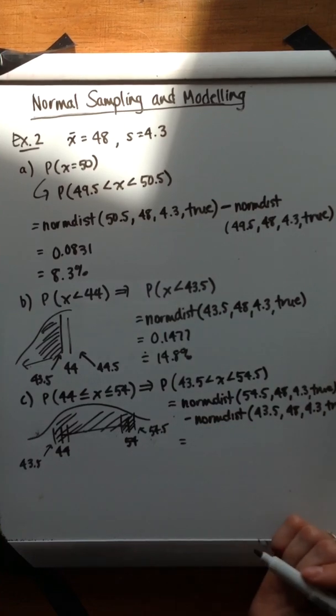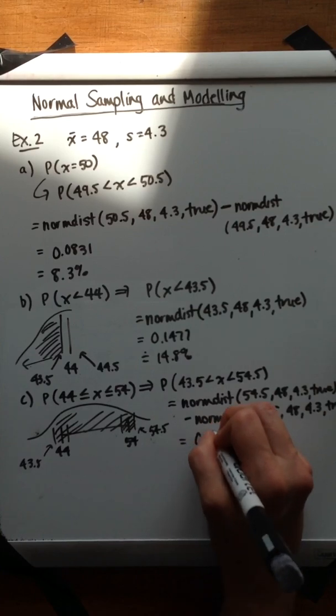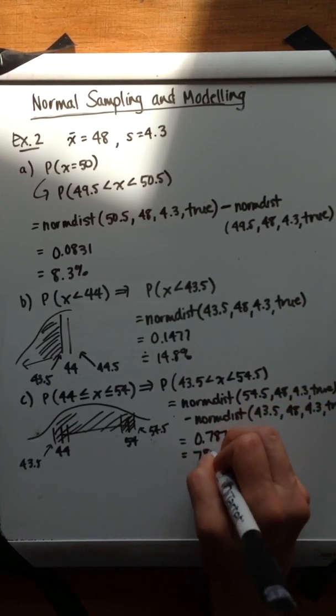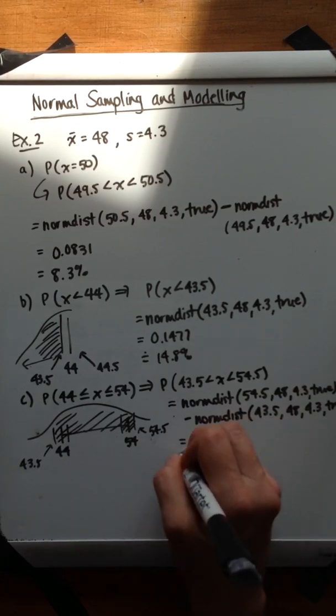And when you hit enter in any cell of Google Sheets, it should yield you 0.7870, or if you want to see it as a percent, 78.7%.